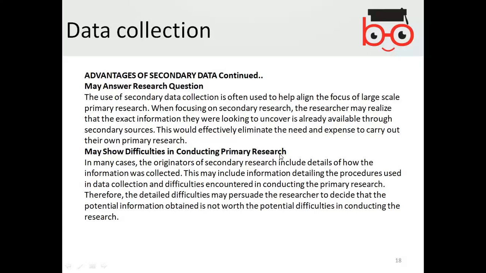So not only will it answer you, but the secondary data will give you information on how difficult it is to carry out a particular primary research. Whatever research you want to carry out, the secondary data will show you the problems in that particular topic.